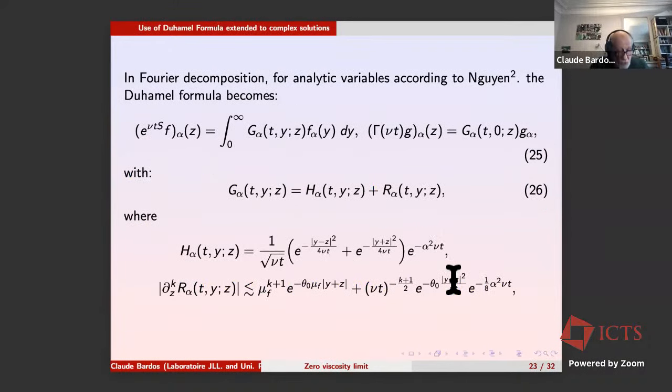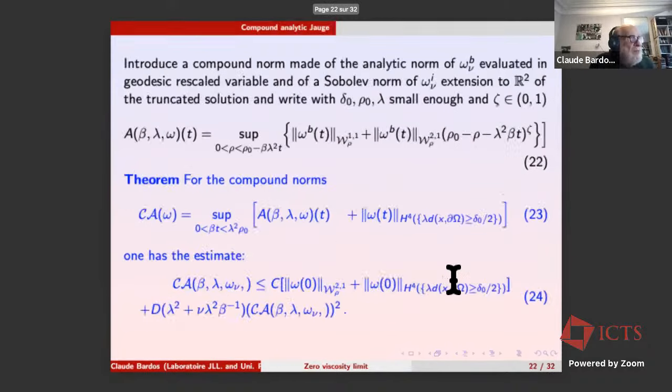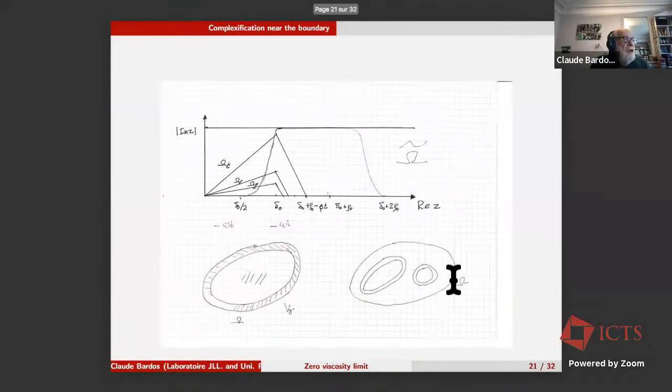Okay, now I will skip. Really going back to the picture, that means the compound norm is used for the analyticity, that's for the exterior, and then it's combined because for all the solution, I use the Sobolev estimate to estimate the red quantity here, and the analytic estimate to look at this region on the left.